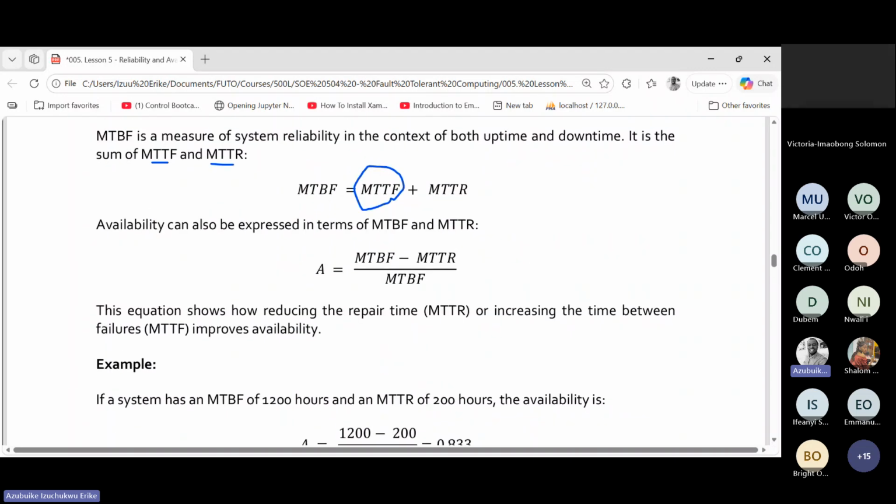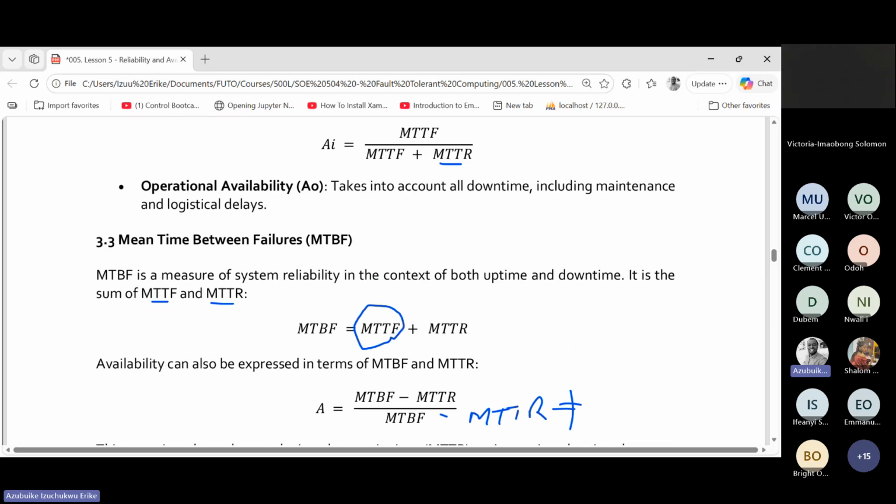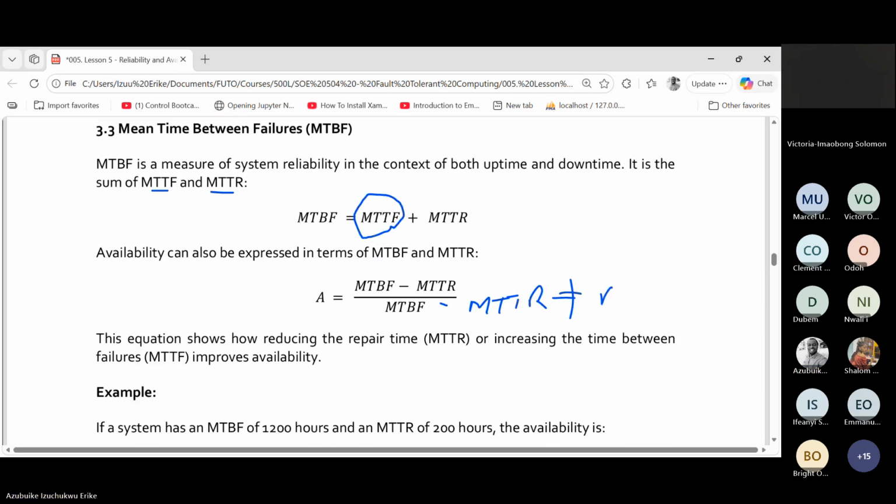So what we are going to get here is minus MTTR, then plus this particular MTTR here. So minus this plus this is going to cancel away. We now have that availability can also be a function of MTBF like this: MTBF minus MTTR all over MTBF.